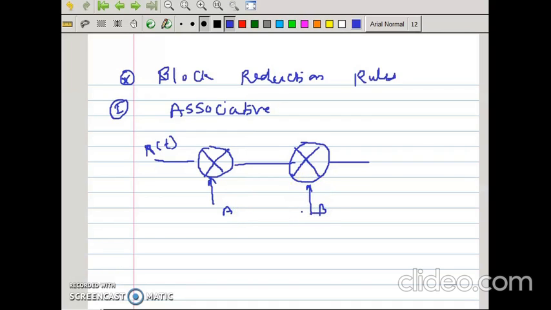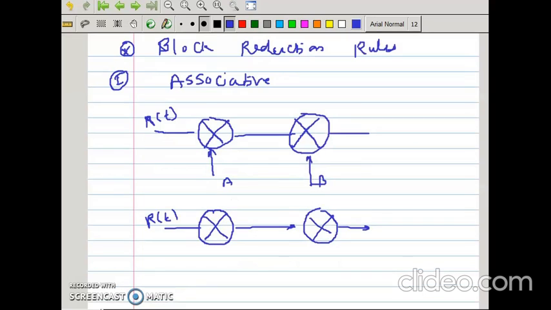So what does the associative rule tell us? The associative rule is very simple. We can exchange the position of both the mixers. Like this. This is the input R of T and this is the output.